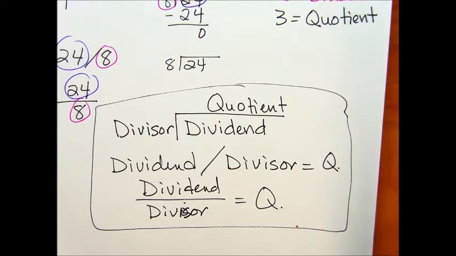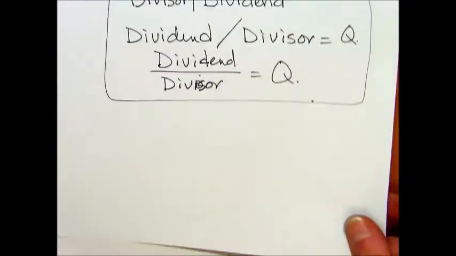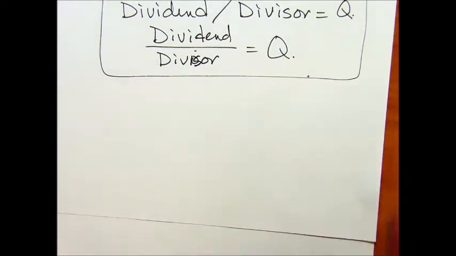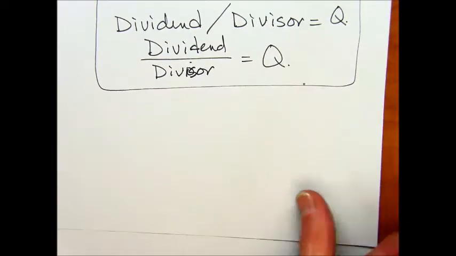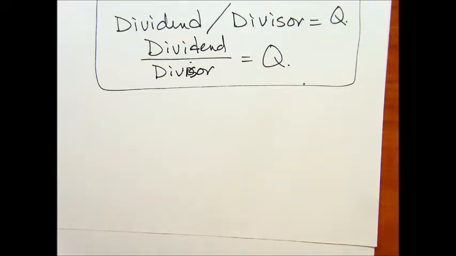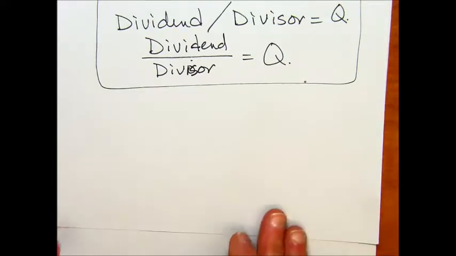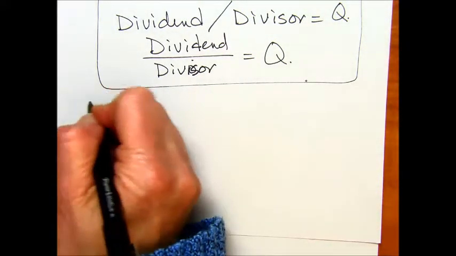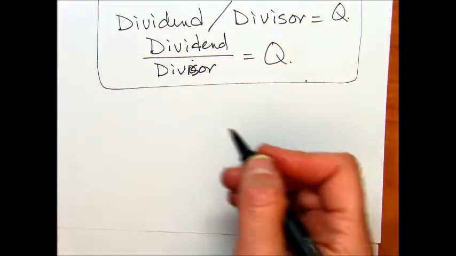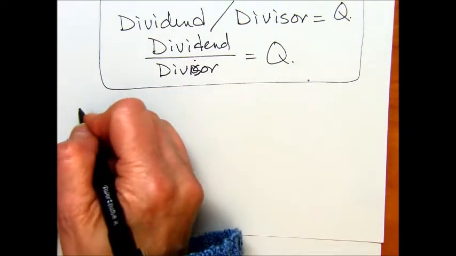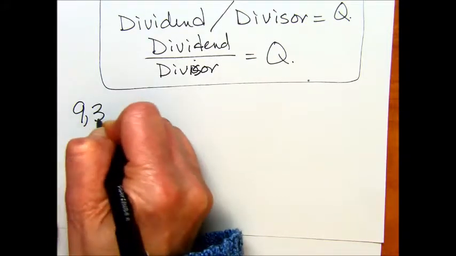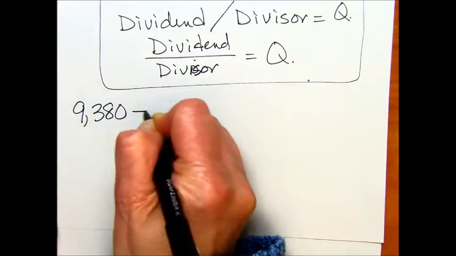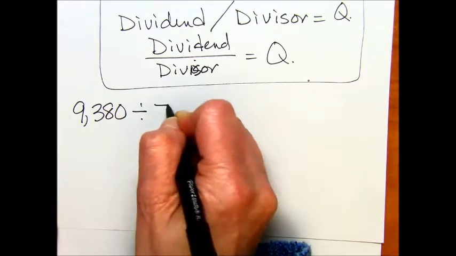Let's go ahead and solve some division problems, or go through the process of doing problems where you actually have to write it out and do a little calculating. So I'm going to first divide, and I'm going to write it out one way and then write it out another way. You're most likely going to find problems looking like this, where you're given a number and it's asking you to divide by another number.